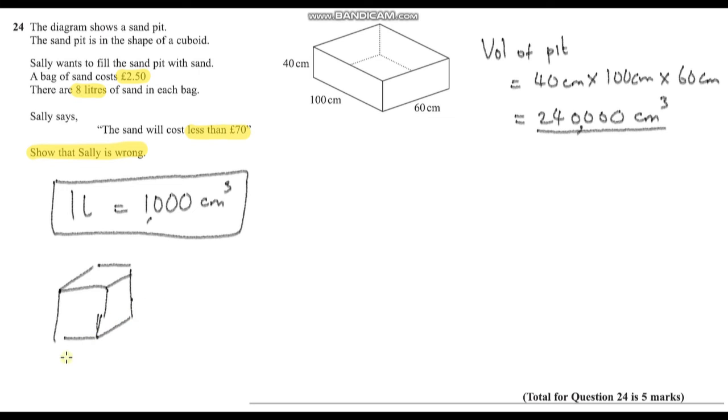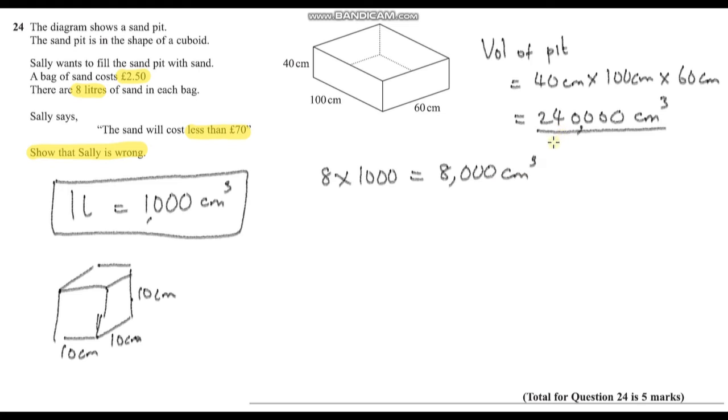A litre box is just 10 centimetres by 10 centimetres by 10 centimetres. If we work out the volume of that, that is 1,000 centimetres cubed. So if we convert 8 litres into centimetres cubed, we just multiply by 1,000. 8 times 1,000 is 8,000 centimetres cubed. So that is the amount of sand in each bag.